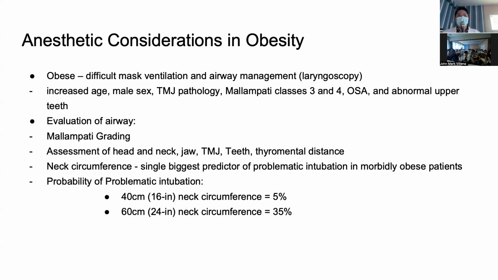Difficulty in most studies correlates instead with age, male sex, temporomandibular joint pathology, Mallampati classes 3 and 4, and patients with obstructive sleep apnea. Neck circumference is the biggest predictor for difficult intubation in morbidly obese patients.